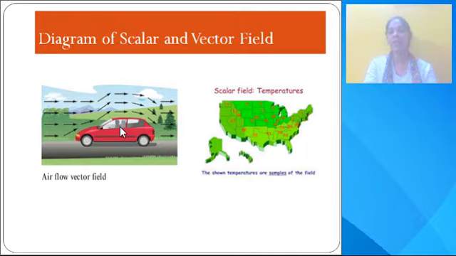So this whole is a vector field, and the second diagram is a scalar field because it shows the variation of temperature, and since temperature is a scalar quantity, this field is a scalar field.